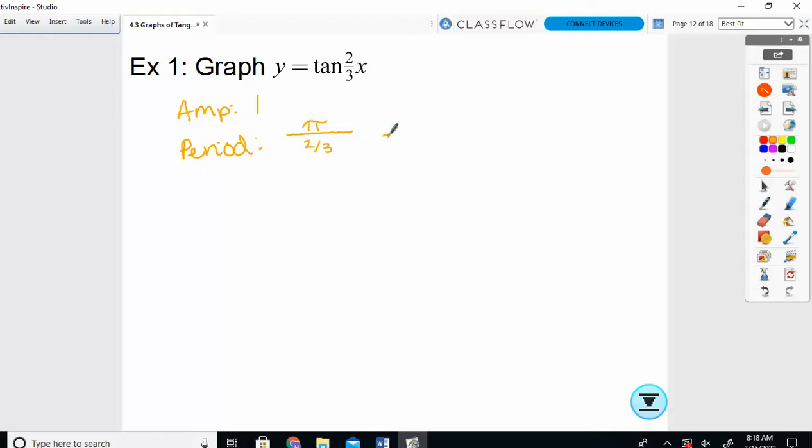So pi divided by 2/3. So that's like 1 over 2/3, so if you flip and multiply, three pi over 2. Count by is your period divided by 4. So 3 pi over 8.